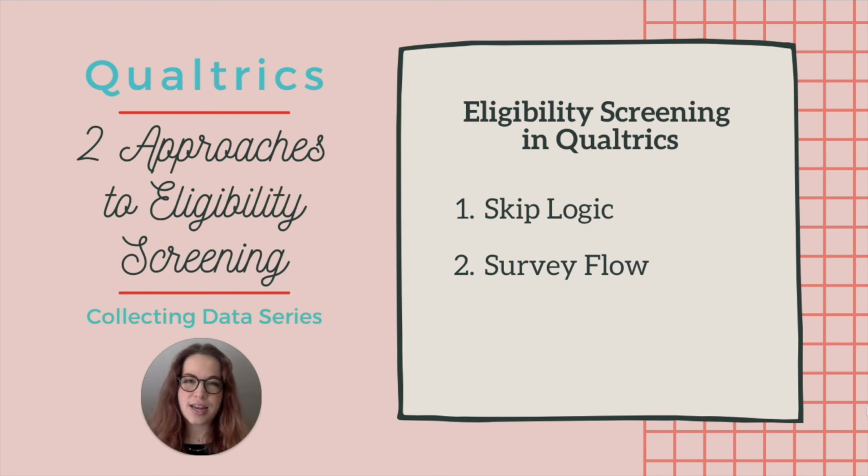I think the main takeaway today is that skip logic is a good way to incorporate really simple eligibility screening where you have a binary question you're asking people to answer, and that using the survey flow is a more versatile way to get at the exact audience that you're interested in. That branch logic that we set up is super flexible, and you can play around with it to even screen for eligibility on a number of different characteristics like gender or race or family size, something like that.